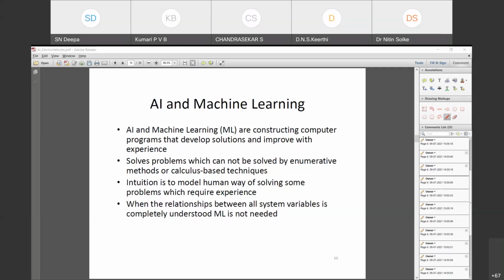You can go to the website and see; around 30 scientists are working with EVs at the CDAC Thiruvananthapuram center, with special attention given to the AI division.